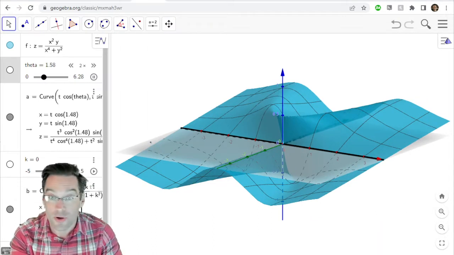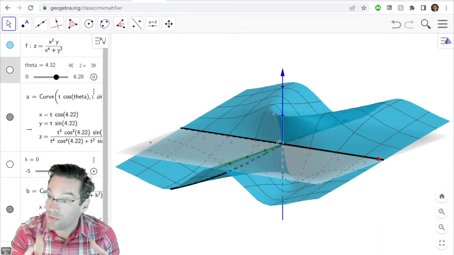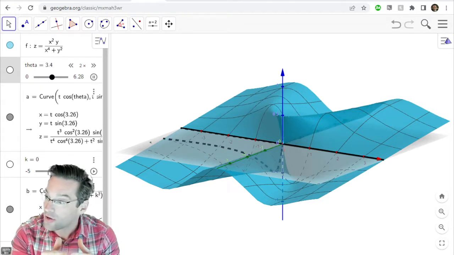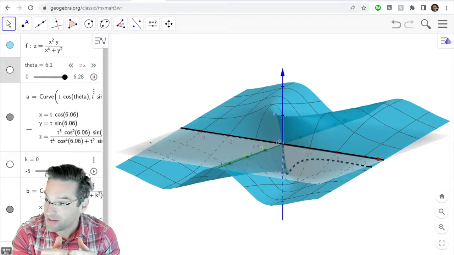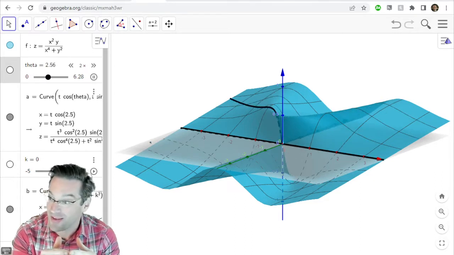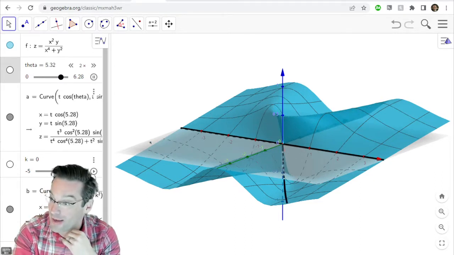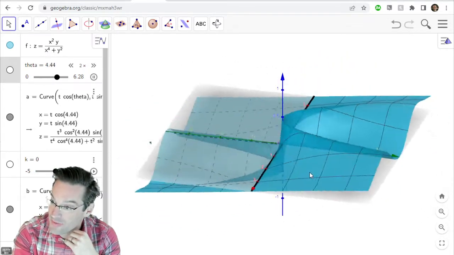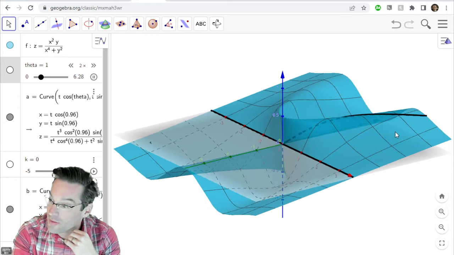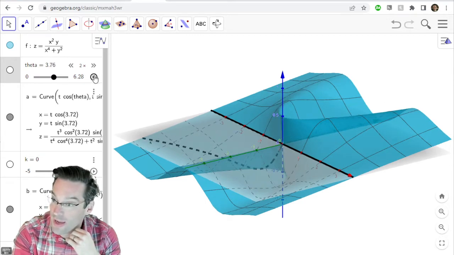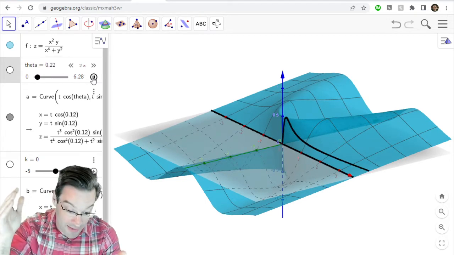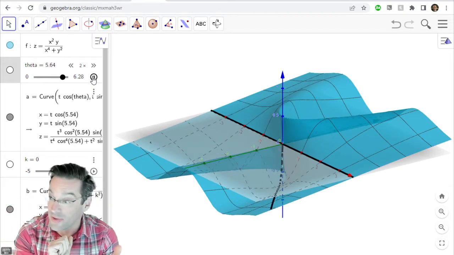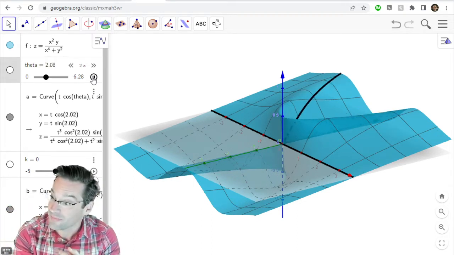So as we approach the origin with this function along straight lines, what we're seeing here are curves that look like they stay attached to the origin in the XYZ plane as we move around on this, right? And so what I see in this picture is as we approach the origin along any one of these lines, we're going to end up with the z value going to 0, right?